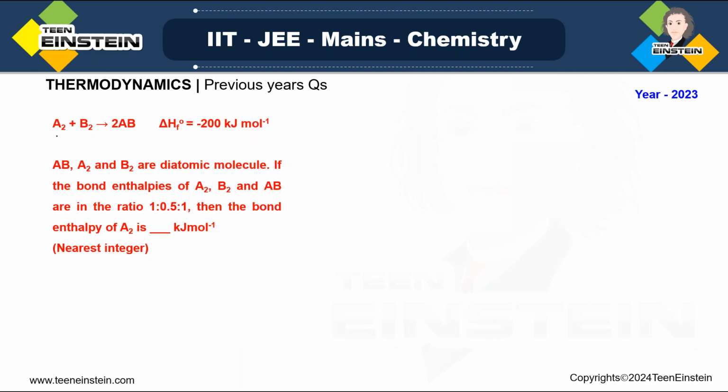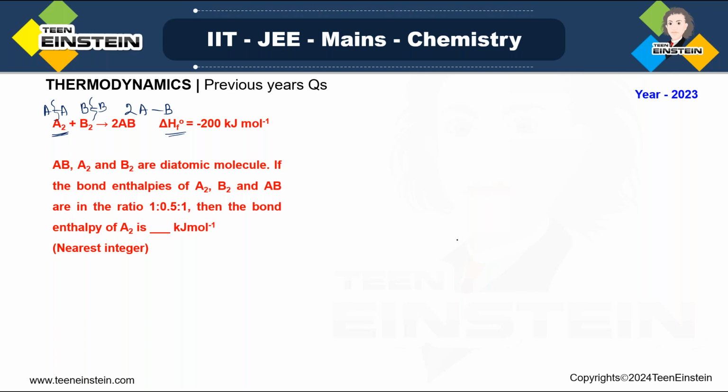Here we have a reaction where A2, that is the AA bond, is broken, then the BB bond is broken, and two AB bonds are formed. So this is the reaction occurring. For this reaction, the corresponding enthalpy of formation, see it is written del H not F. F means enthalpy of formation of AB.